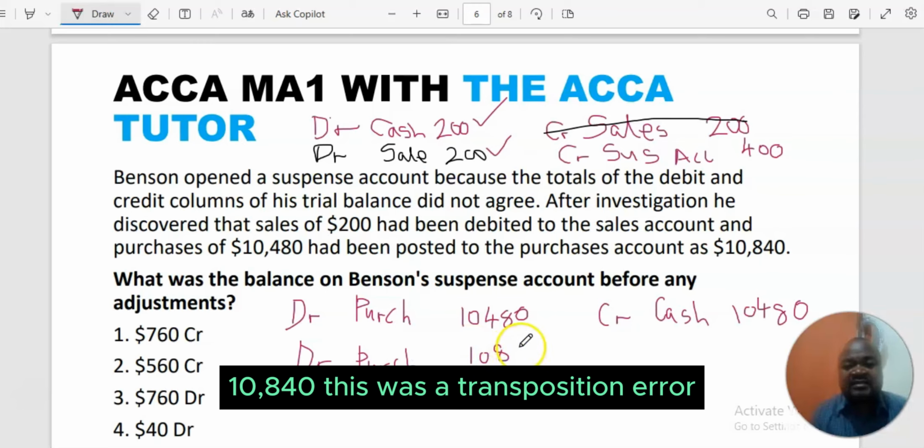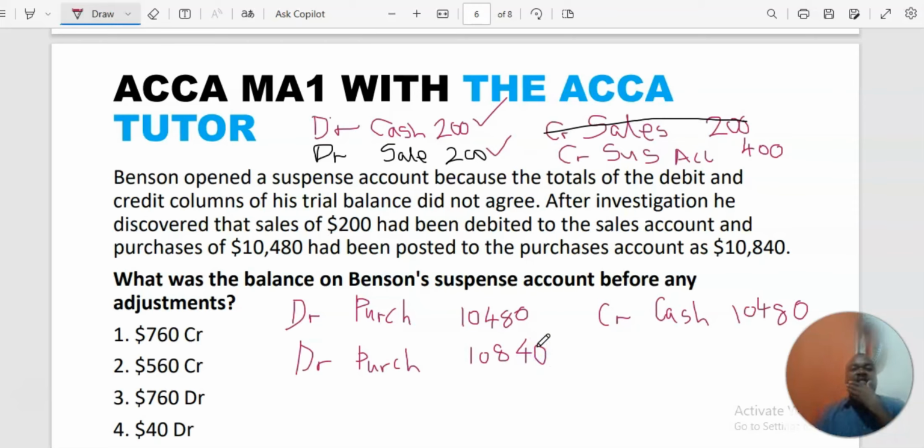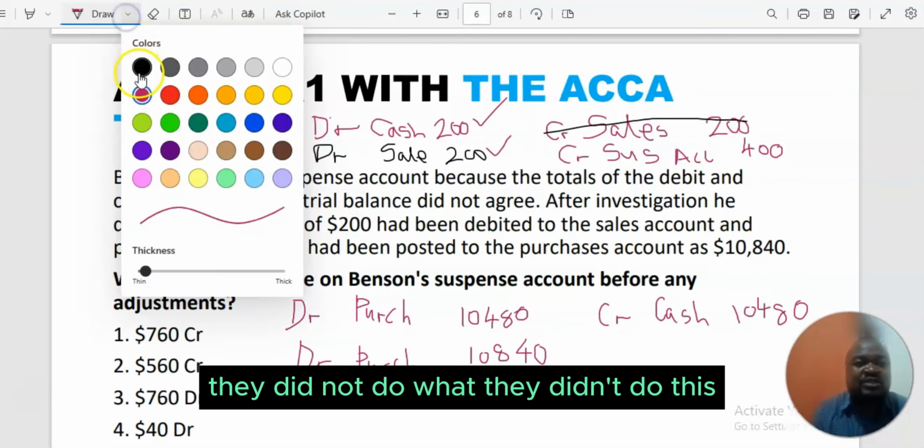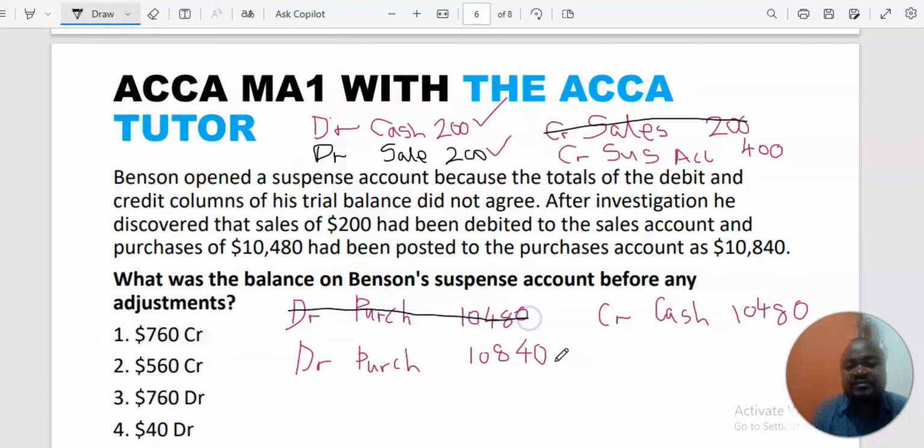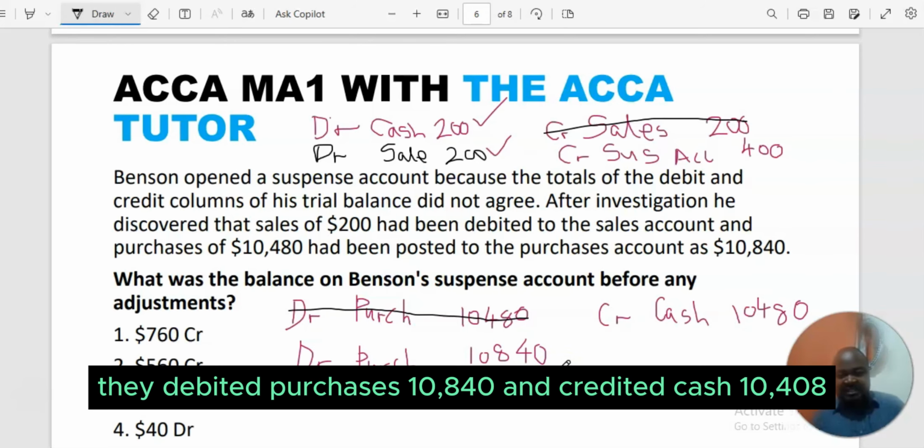This was a transposition error. You see what they did? They debited purchases 10,840 and credited cash 10,480.